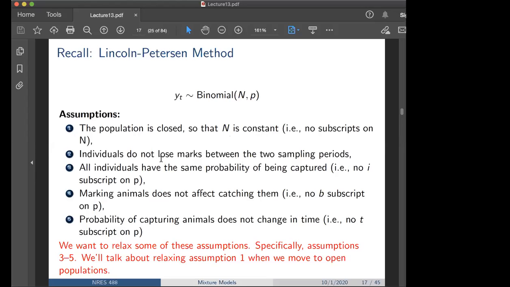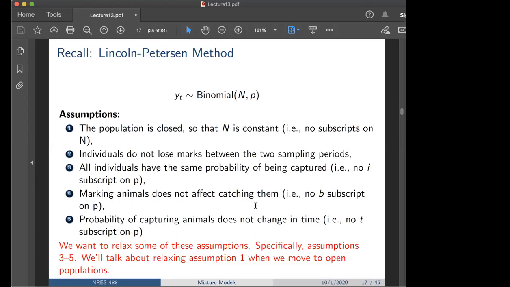And we had individuals do not lose marks between two sampling periods. All individuals have the same probability of being captured. There's no i subscript on p. We can change this when we talk about behavior models, which we'll do in a second. Marking animals does not affect catching them, so there's no behavioral reaction to traps, and the probability of capturing animals does not change in time.